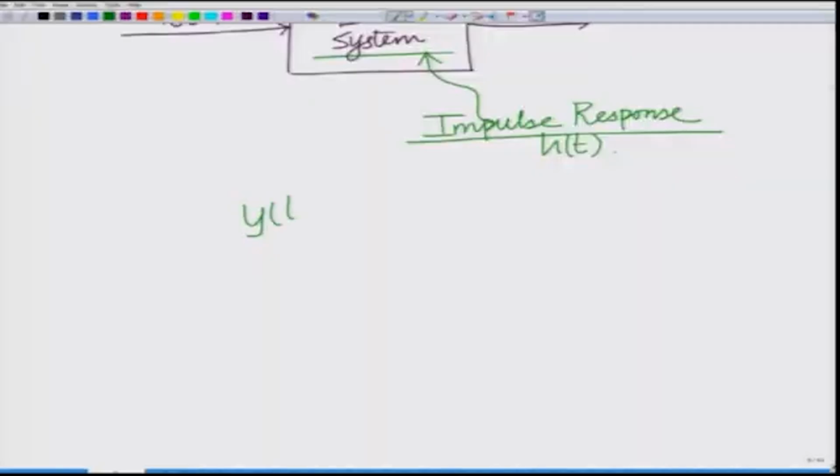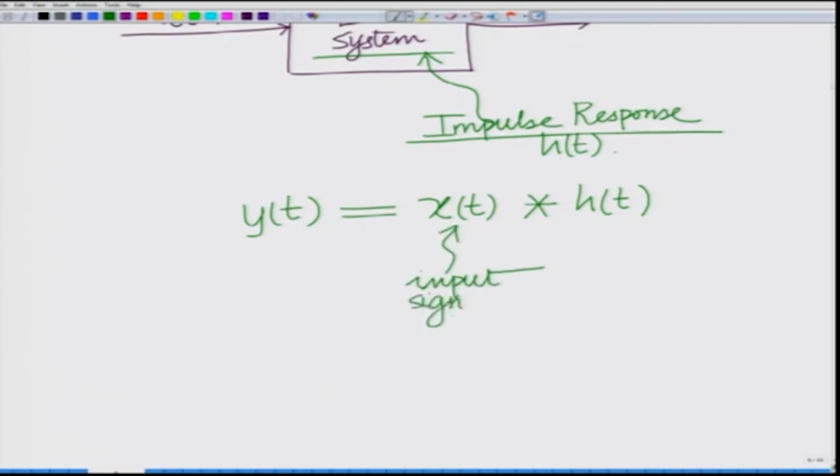And the output corresponding to any input signal x(t) can be described in terms of the input x(t) and the impulse response h(t) as follows: y(t) is x(t) convolved with h(t), where this is the convolution operator.